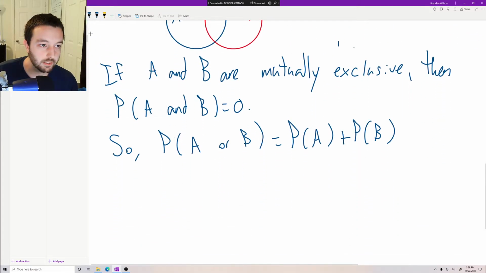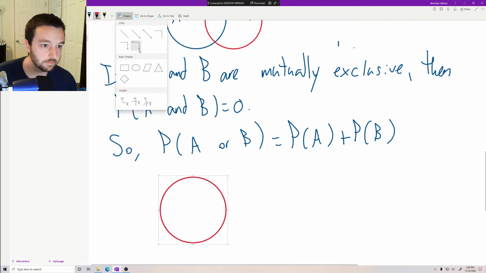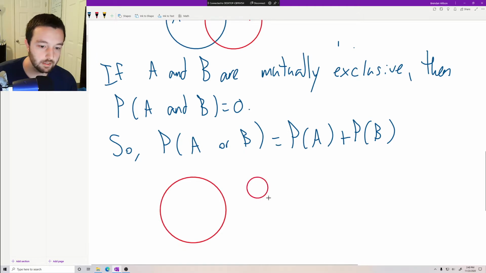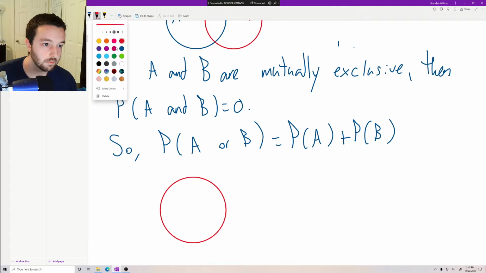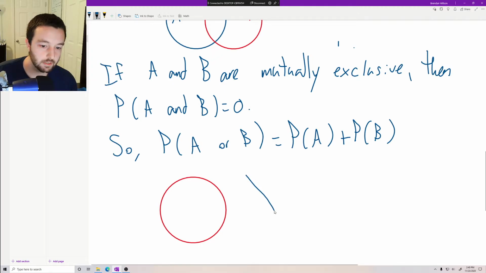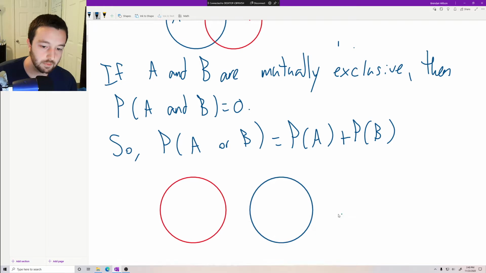And if we were to look at a Venn diagram of these, so this is A, that's A. That's B. It doesn't really matter which is which.